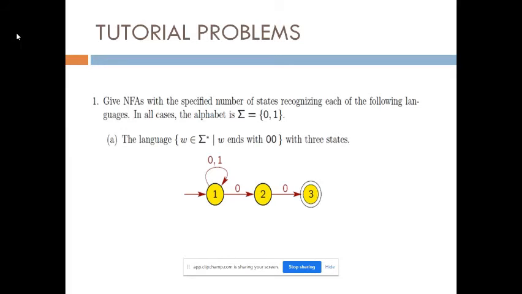So it ends with 0, 0, and before that you can have any number of zeros and ones. The first state represents that it can have any number of zeros and ones, and then it ends with 0, 0.